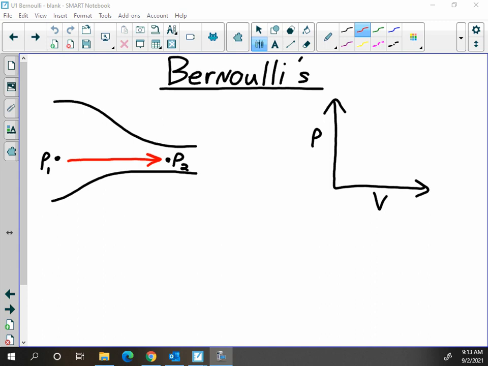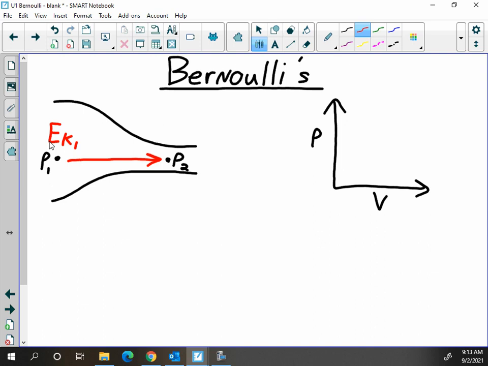So if we take, say, this first region right here, just a dot that I labeled 1, right? Would particles at this location be moving? So then what kind of energy would they have? Kinetic. So they're going to have kinetic because of the motion, right? Would there be gravitational potential energy at that location? Yes.